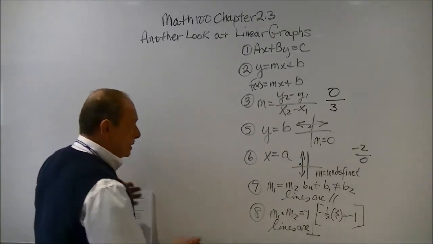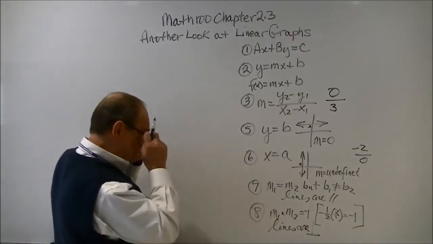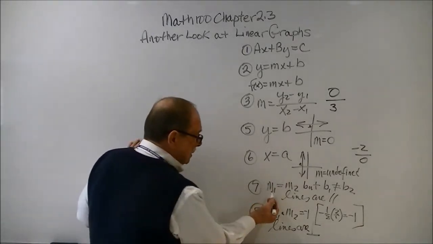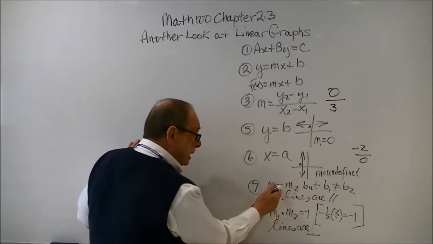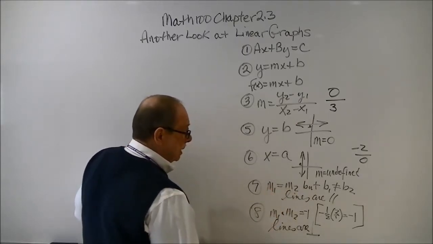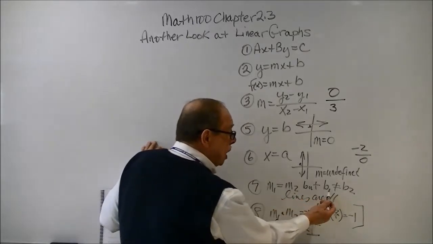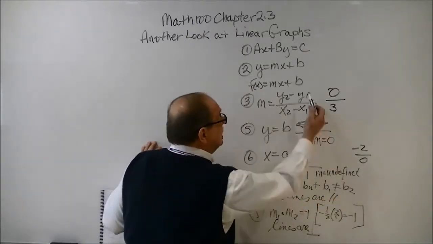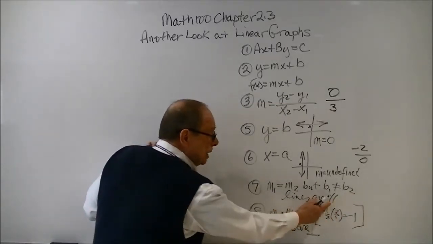And these are just two other hints as opposed to formulas. If you find the slope of one equation and it equals the slope of the other equation, that is, the slopes are the same, but the y-intercepts, the b part, are different, then the lines are parallel lines.